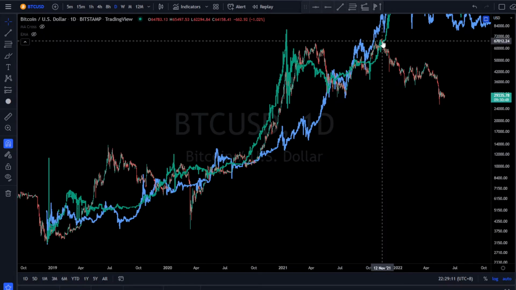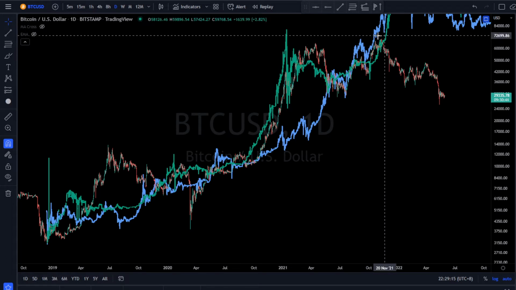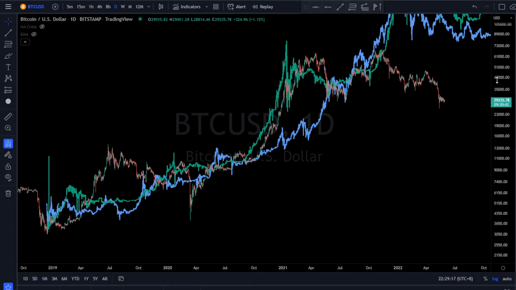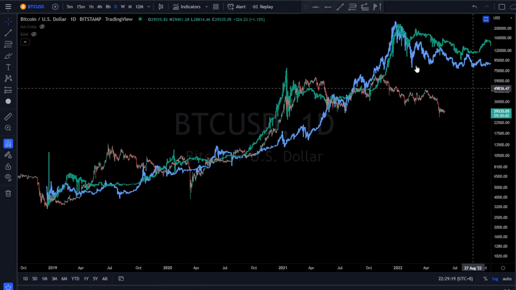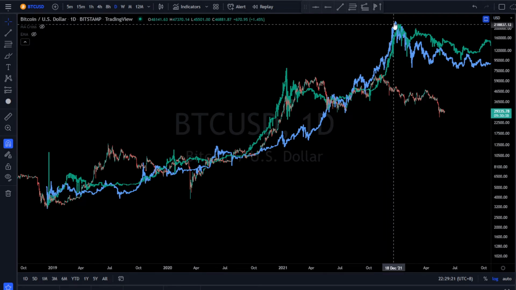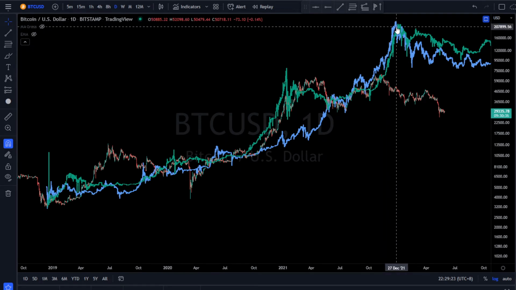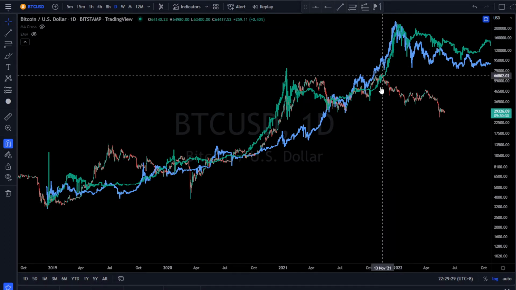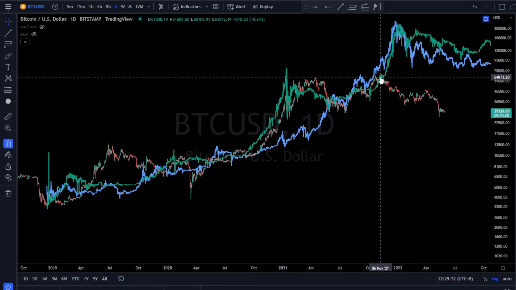Okay, so over here towards the end of last year, a lot of people was expecting Bitcoin to reach at least 100k, if not, some models were predicting 188k, 200k, and so on, but it didn't. Okay, and then it started to fail.